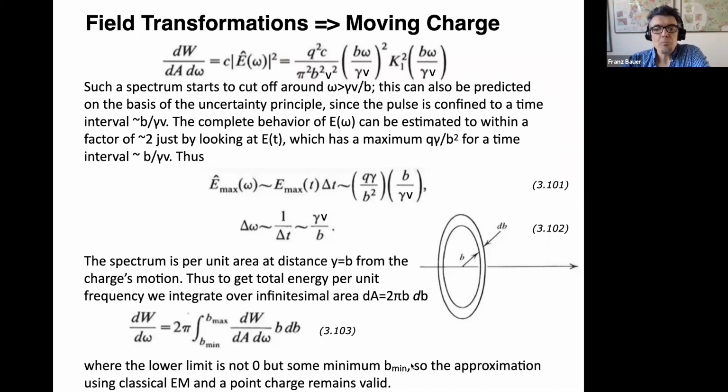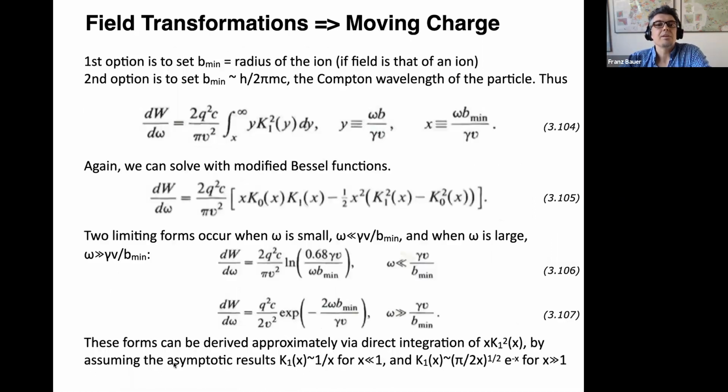And so this minimum b will be sort of an approximation using either classical EM and the size of a point charge. We want to make sure that it remains valid. So one option here for b min is just the radius of the ion, if the field is from an ion.